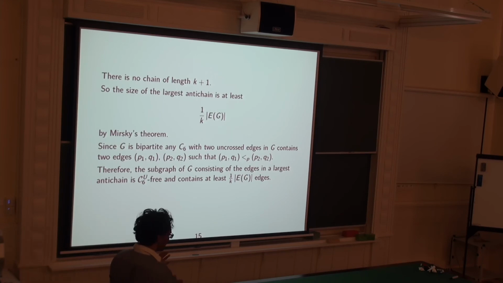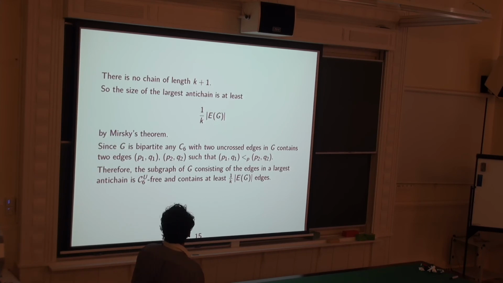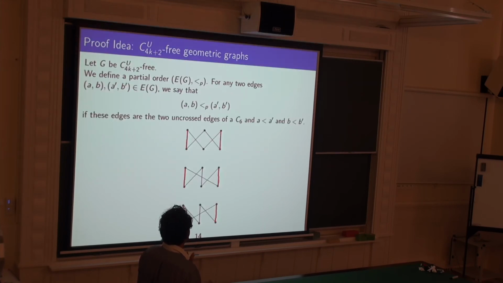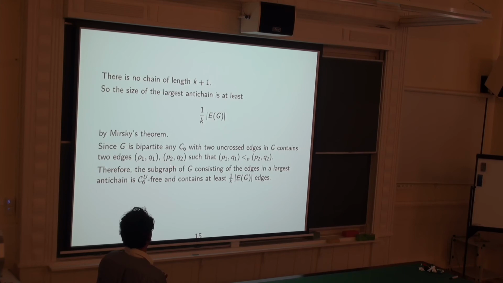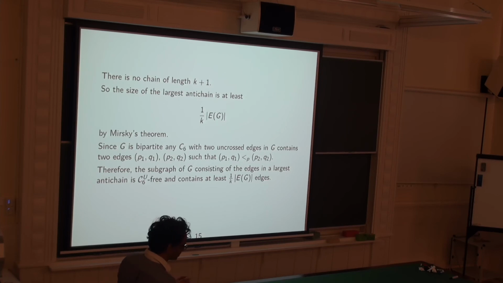Now, this anti-chain has a nice property. It avoids all C6s with 2 uncrossed edges, because if there is a C6 with 2 uncrossed edges, then it's either this one or this one, but in all 3 cases, there are 2 edges such that one is less than the other according to this partial order. So the set of edges in this largest anti-chain doesn't contain any 6 cycles with 2 uncrossed edges, and it has size at least 1 over k fraction of all the edges.